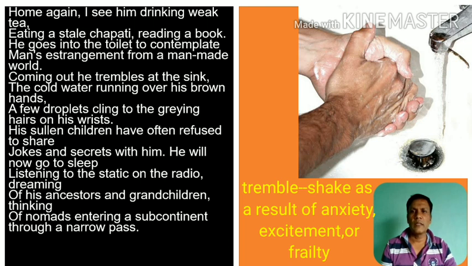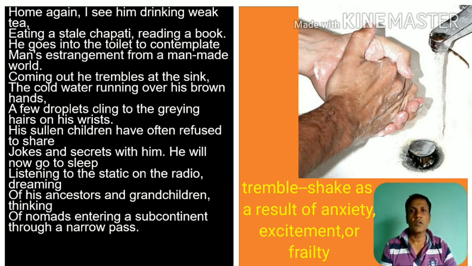Coming out, he trembles at the sink, the cold water running over his brown hands. Brown hands symbolize old age. The father of the poet comes out of the toilet and goes to wash his hands at the wash basin. And at that time the poet sees that the hands of his father are trembling. Why?